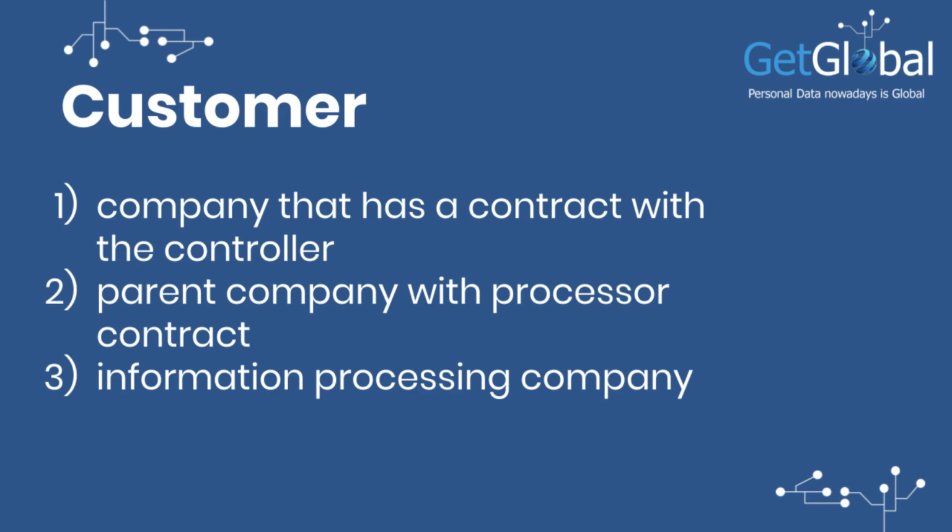And the third case is that of the processor of personal information who has a contract with a subcontractor, like with a third party for the processing of personal information. So the customer of the subcontractor, the subprocessor. Well, this may sound a little strange, but it happens a lot too.